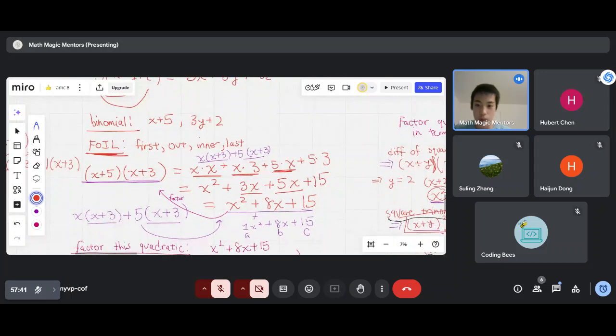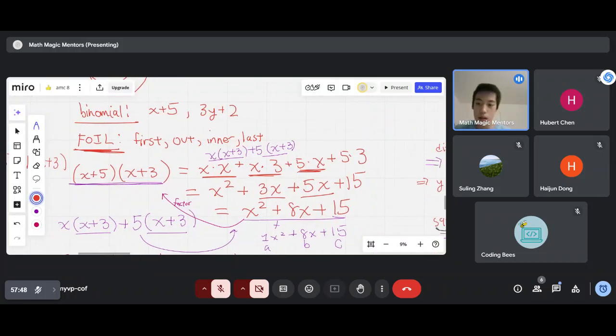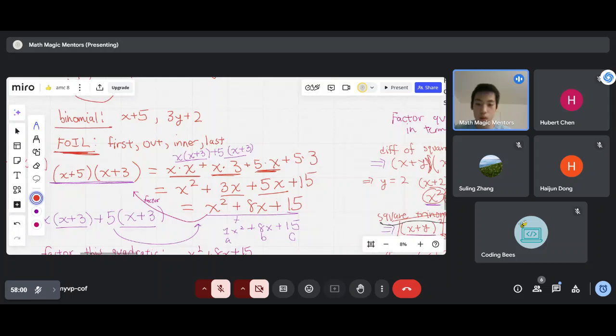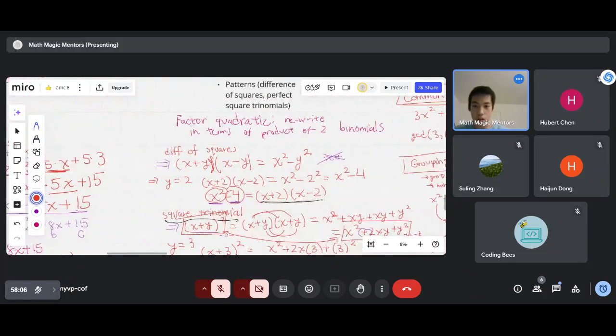We also covered what FOIL is, the acronym, and how we can expand binomials. And building off of those ideas, we introduced the idea of factoring a quadratic, which is basically undoing the distribution. And so x squared plus 8x plus 15 can be written as x plus 5 times x plus 3.